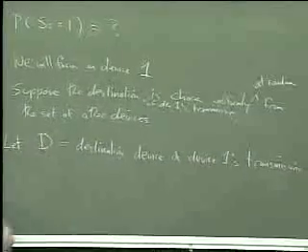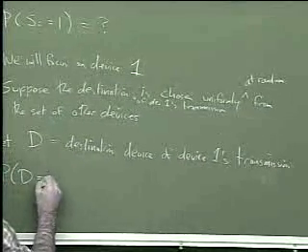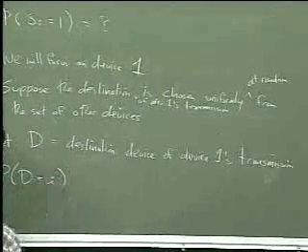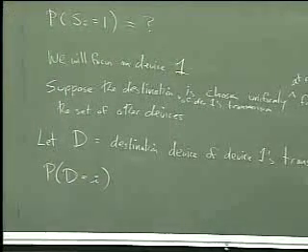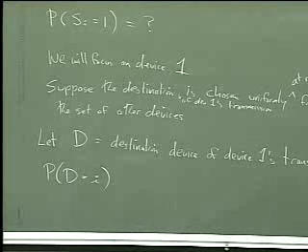Okay, and all I'm saying is that the probability that D equals some I, the probability the destination device is I, is going to be what? If the destinations are chosen uniformly at random.